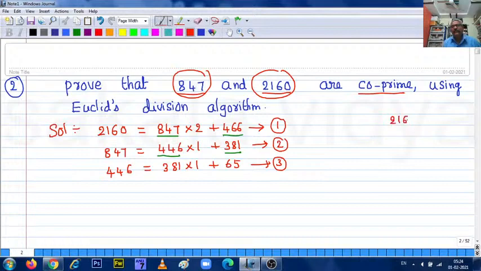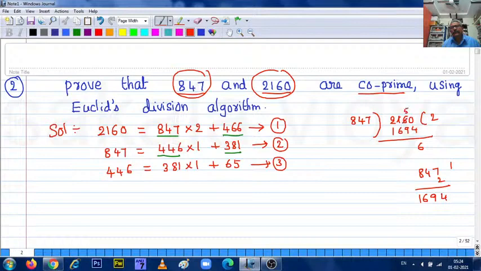So 2160 divided by 847. 847 two times, 847 times 2 is 1694. Subtract, you get 466.